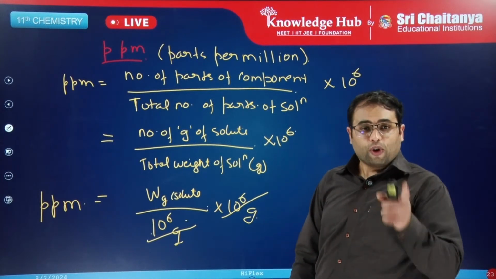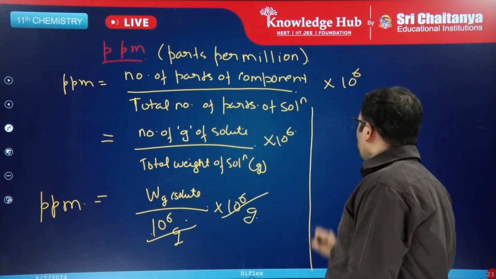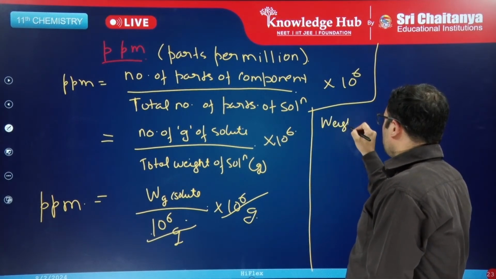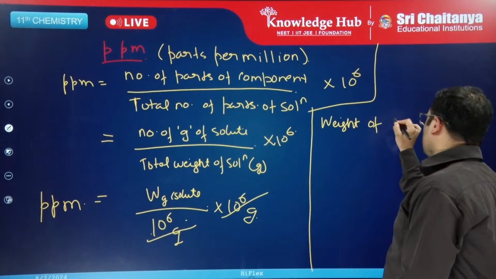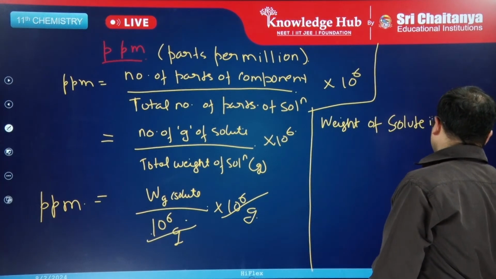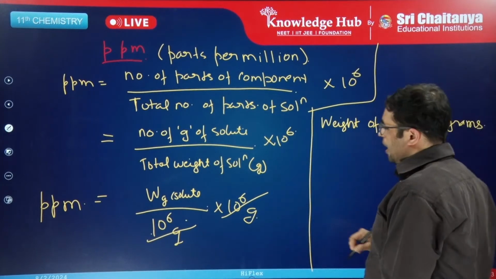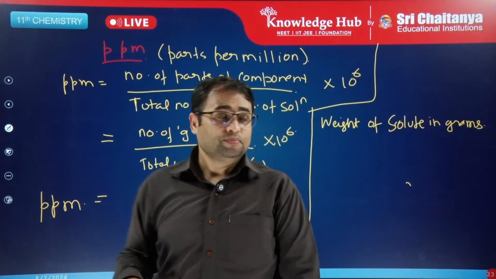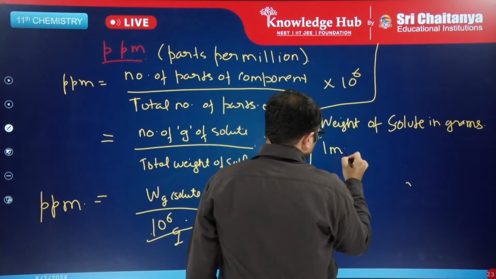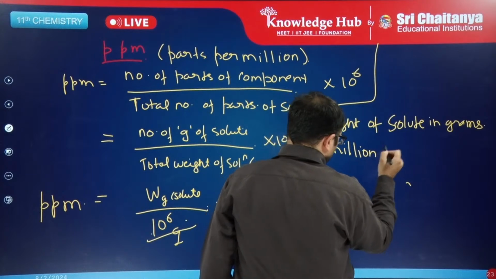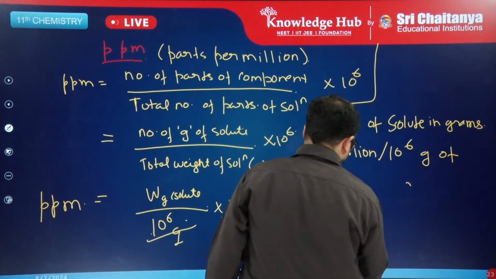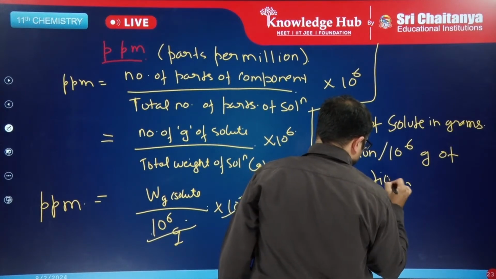It is the weight of solute in grams, if you are talking about grams, present in 1 million or 10 raised to power 6 grams of solution.